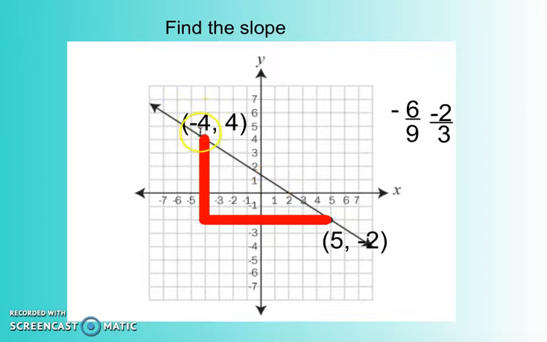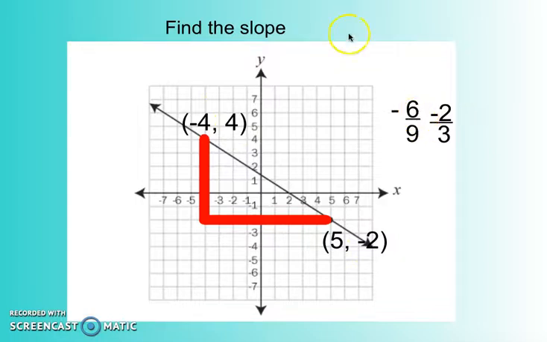Okay, let's start with this one. So 5 minus -4. Do we get 9? Yes, we do. And remember, x's are the bottom one because that's our run. Then -2 minus 4 is -6.